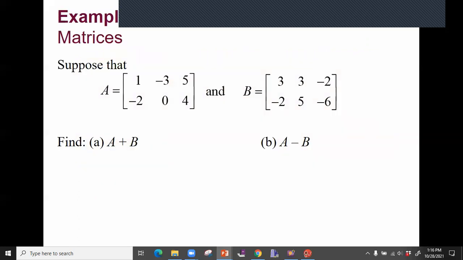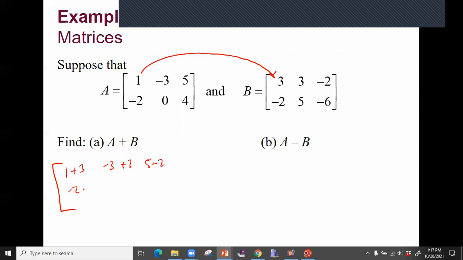So we're going to start here. We have matrix A and matrix B, and we want to add A plus B. When it says corresponding elements, 1 corresponds with 3, right? The reason 1 corresponds with 3 is because they're both in row 1, column 1. So when you're doing your addition, you would have 1 plus 3, negative 3 plus 3, 5 plus, well, I'm just going to write minus 2, is that okay?